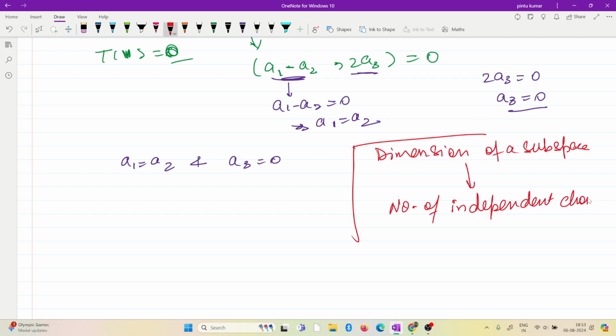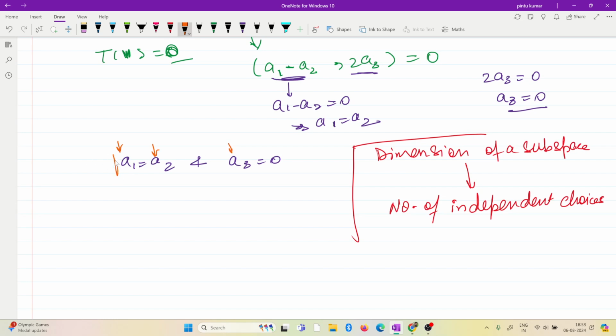If you are given some vector space and some subspace, and you want to find the dimension of that subspace, you just need to look at the number of independent choices. What I mean by number of independent choices, for example, in this question, you have 3 things to fill. You have A1, you have A2, you have A3.